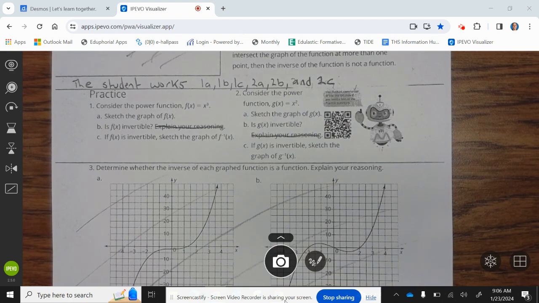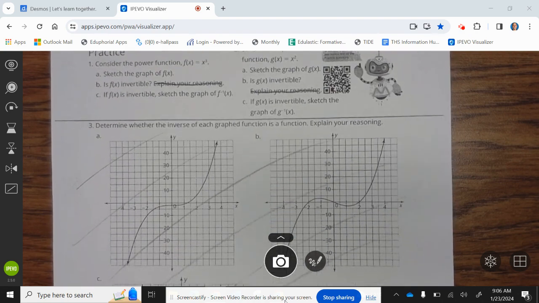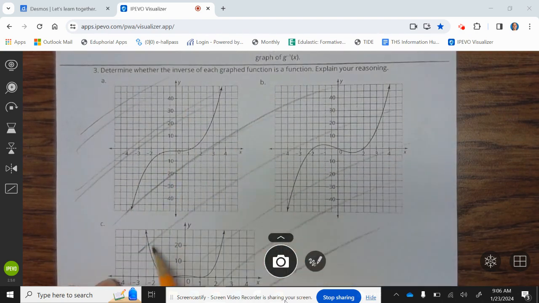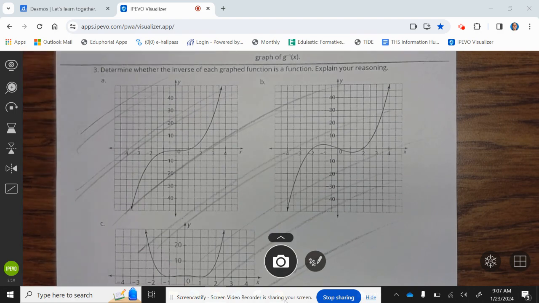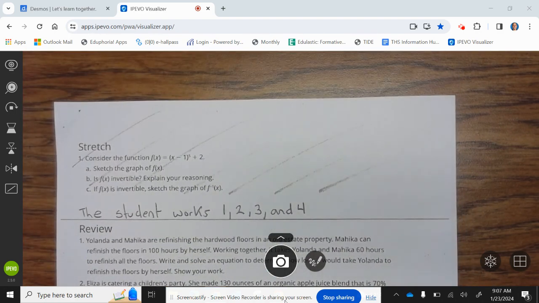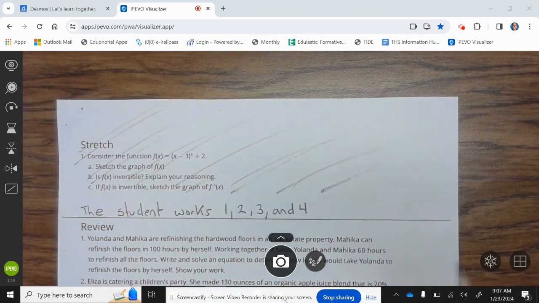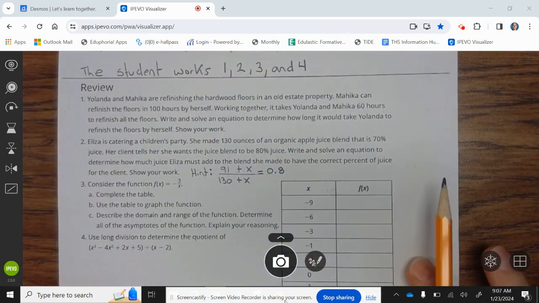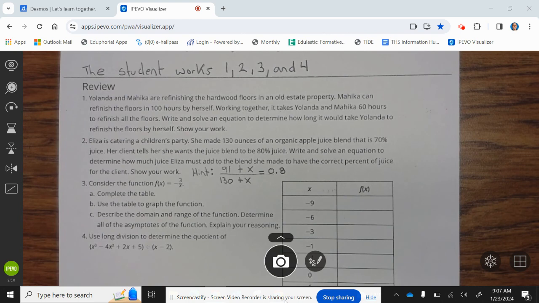The student works 1A, 1B, 1C, 2A, 2B, and 2C. And then you can mark out this. All right, you can mark this out. The student works 1, 2, 3, and 4.